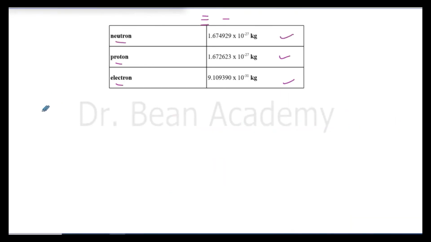So let's calculate the ratio of the mass of a proton divided by the mass of an electron, because this ratio will give you the idea of how small the mass of an electron is, since it's not easy to guess it from these numbers.